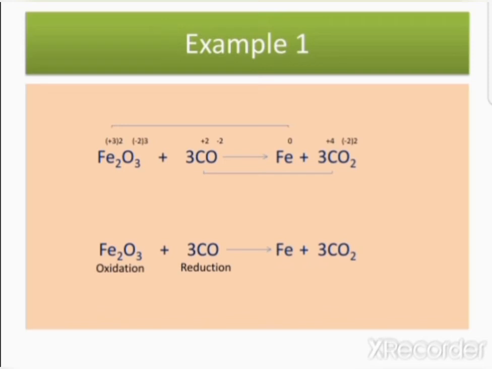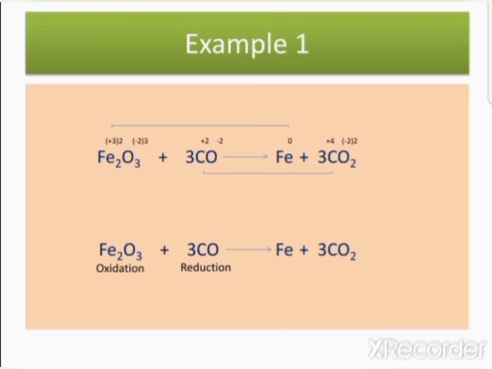Now, in this reaction, the oxidation state of iron in the reactant is positive 3, whereas the oxidation state of oxygen is minus 2. In carbon monoxide, the oxidation state of carbon is positive 2, whereas the oxidation state of oxygen is minus 2.